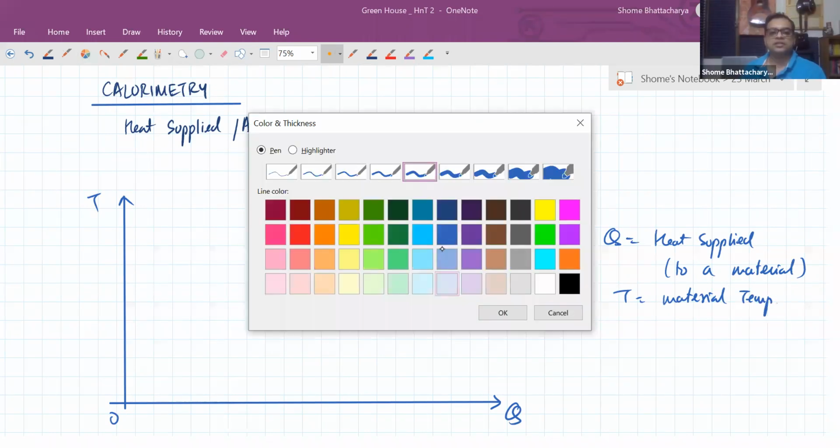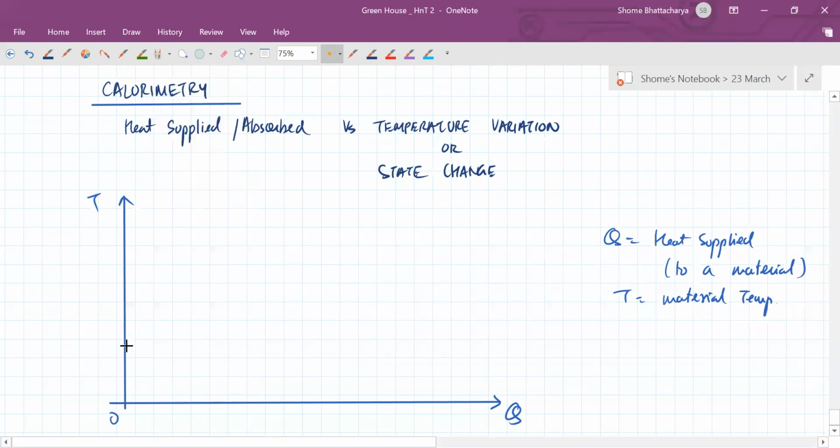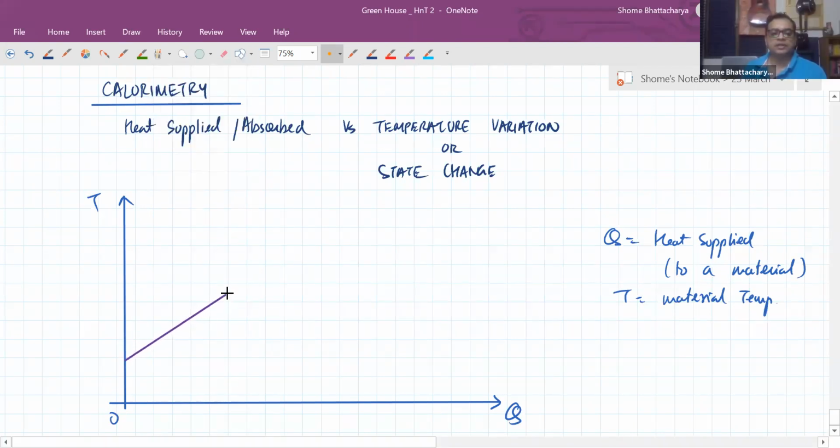The graphical relationship between these is like this. Starting from the solid state, the temperature will rise with heat supplied till it reaches the melting point, then the temperature remains stable while melting takes place. Then again the temperature rises with heat supplied till it reaches the boiling point, where the liquid vaporizes. When vaporization is complete, the vapor temperature again increases with heat supplied.